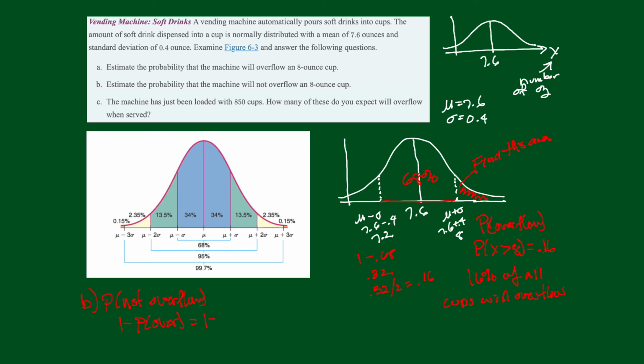That's 1 minus 0.16, so 0.84. If you've got 16% over here, what's left over here is not overflow. So 84% of all cups will not overflow.